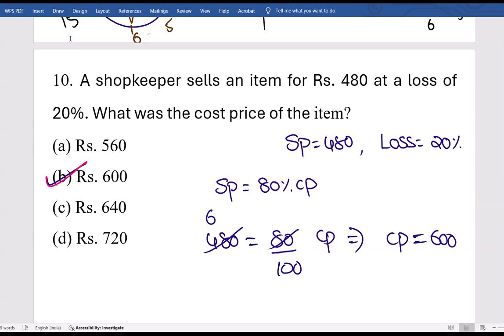20% of cost price. You can check now. What is the cost price? 600, no? 10% of 600 is 60, so for 600, 20% is 120. 600 minus 120 is 480, the selling price. That is matching. You should always calculate on cost price only.